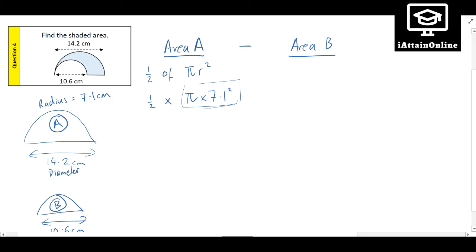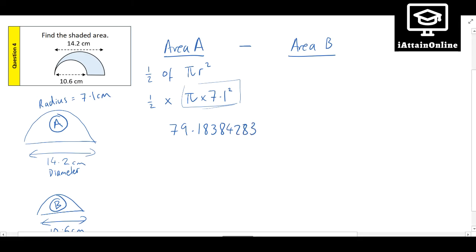So pi times 7.1 squared, and then I divide my answer by 2. That tells me that that is 79.183... Because it's not my final answer, I'm going to write it all out. 4283. Okay, so that's that one.